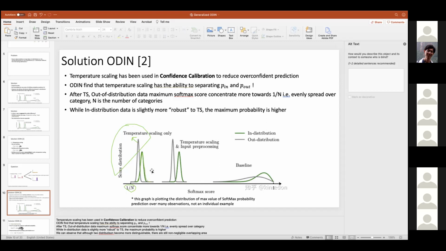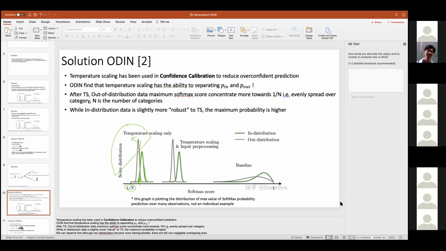So there's a trend that these two distributions can become separated, but there's still a large non-negligible overlapping area. Thus, we still cannot use a threshold to separate these two distributions.